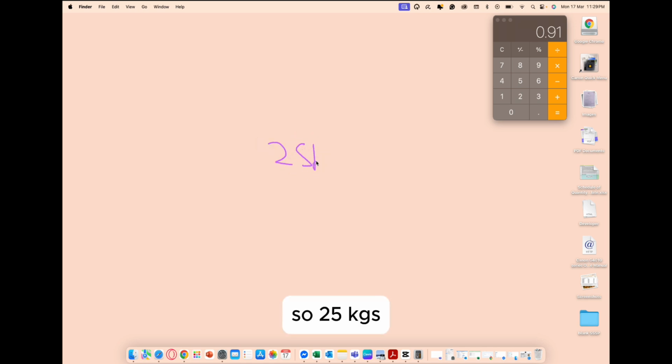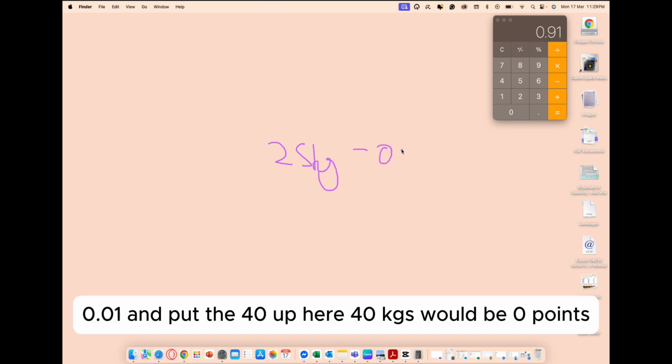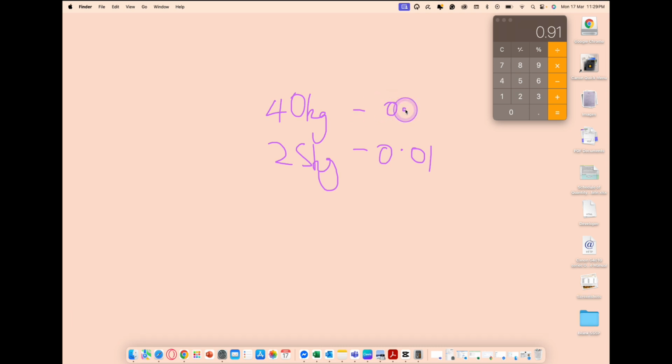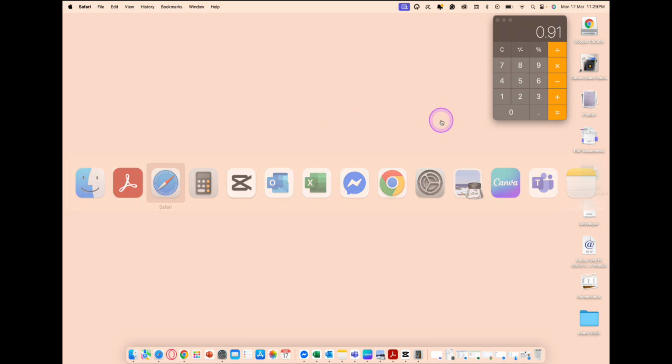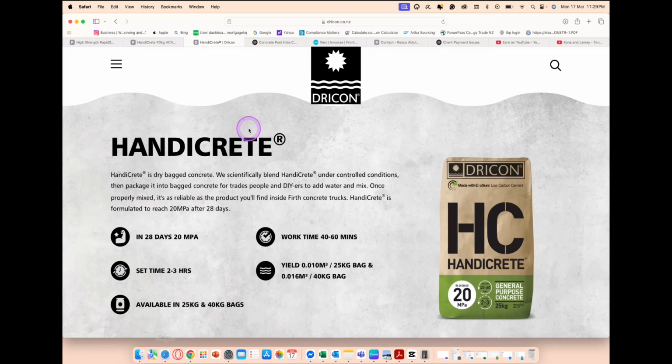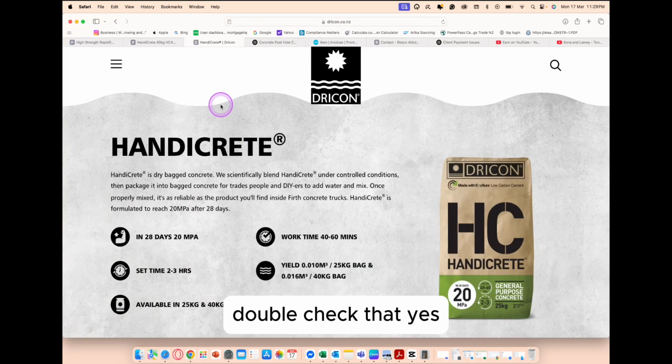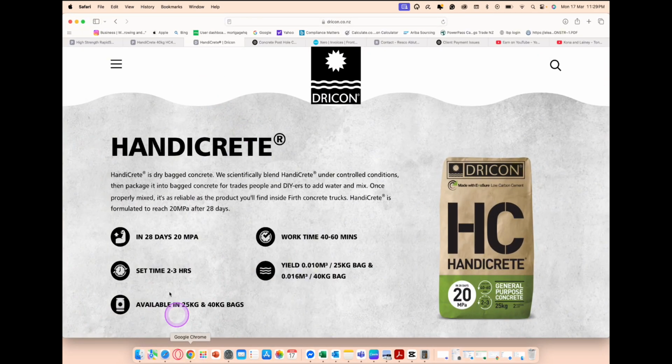So 25 kgs would be 0.01, and I'll put the 40 up here. 40 kgs would be 0.016, I think it was. I'm just going to double check that. Yes. Okay.